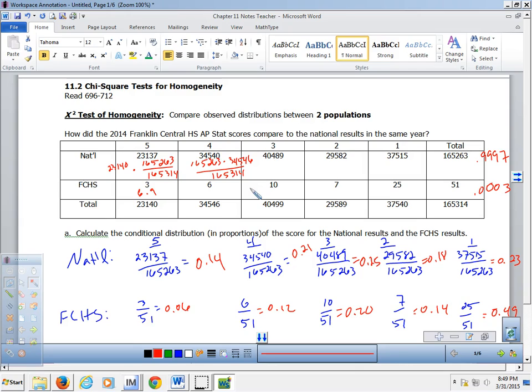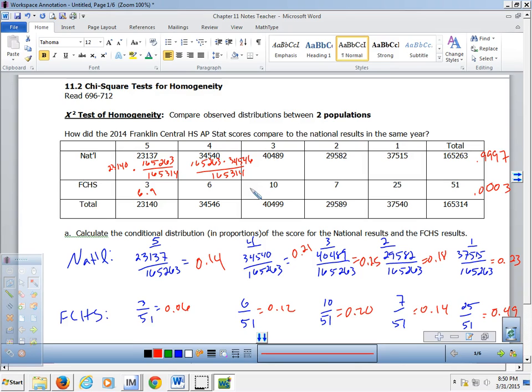And if they are, then the number of 5s, 4s, 3s, 2s, and 1s should follow the same proportions as the percent of the table total that each of the two groups make up, if that makes any sense. Okay?